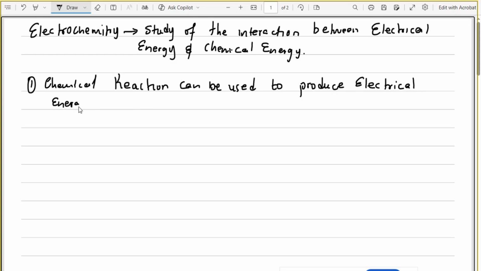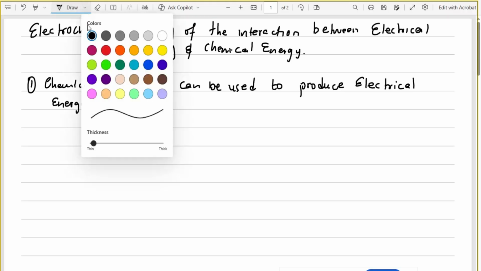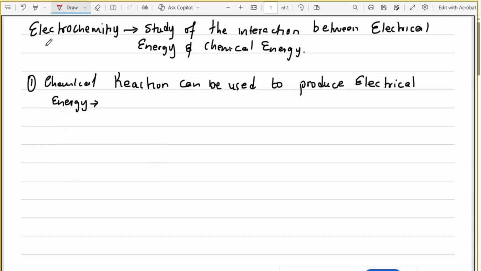You understand? And this is what will happen in galvanic cells. We'll talk about galvanic cells in our upcoming lesson.